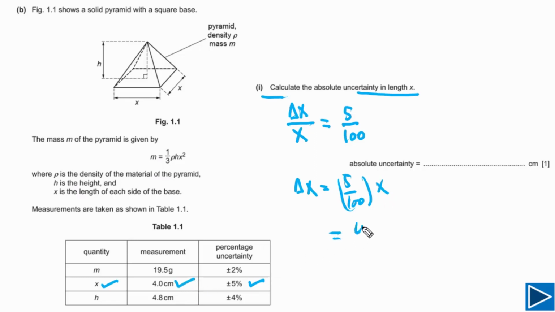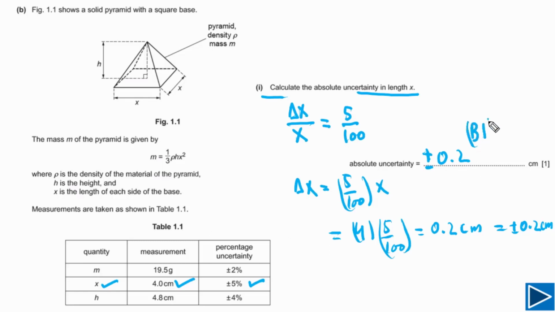So we need to multiply 4 with 5 by 100. If you multiply this, our final answer will be 0.2 centimeters, because 4 is in centimeters. So the final answer you can write is plus minus 0.2 centimeters, and this is the absolute uncertainty in X. In your answer, you can write 0.2. If you write plus minus, that is good. If you forgot to write it, that is also okay for the sake of this question. If you have written 0.2, you will get 1 mark, and that mark is a B mark.